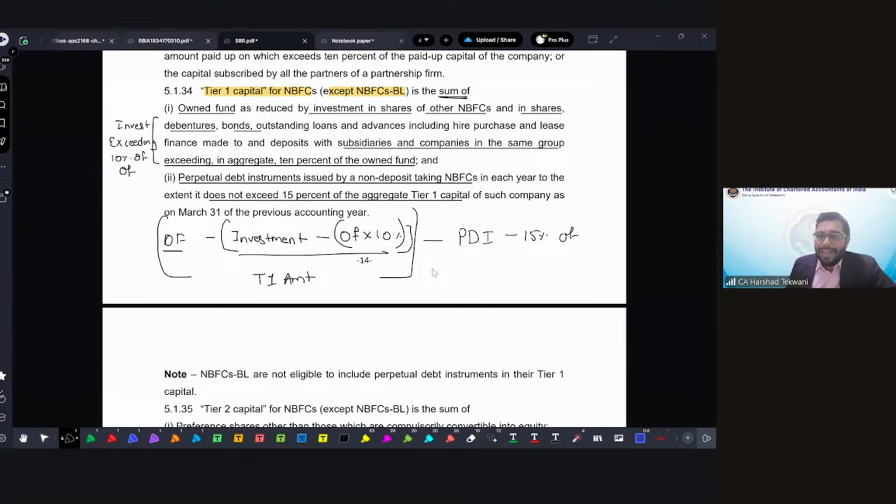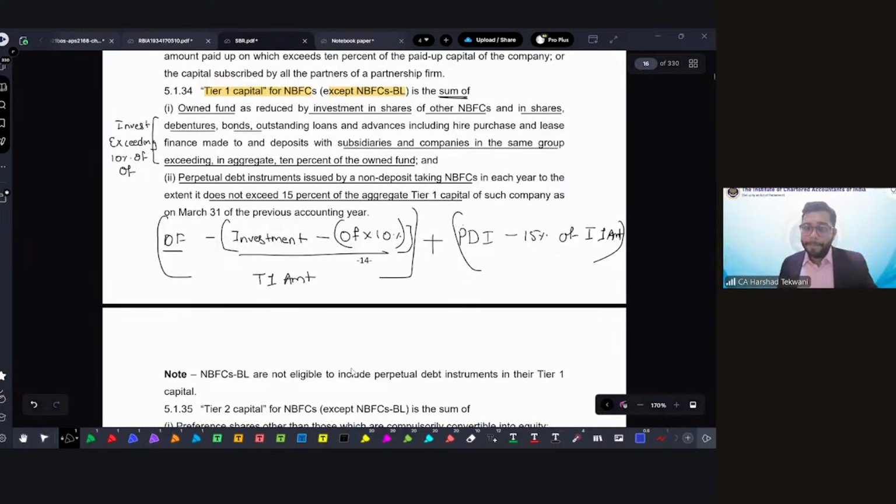So perpetual debt instrument does not exceed 15% of T1 amount. If you take these two things, you will get your tier 1 capital. Clear?